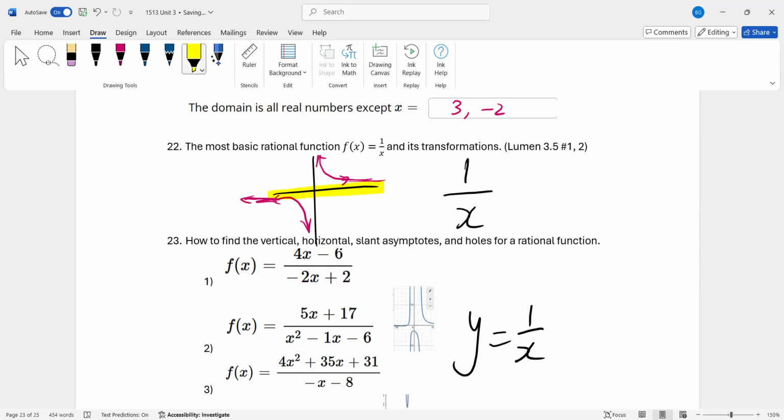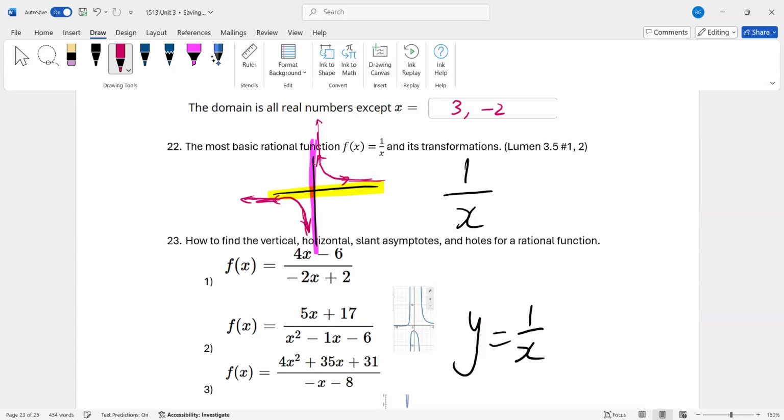It also has a vertical asymptote. The vertical asymptote is the y-axis, or x equals 0, because the branch on the top right is extending, when x approaches 0 from the right, toward the y-axis.